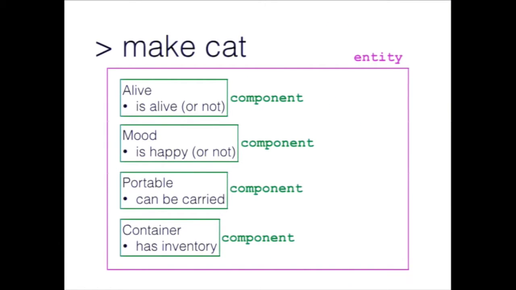In the entity component system pattern, I'll be saying ECS for the rest of the talk, entities are things, like, say, a cat. And then components are groups of attributes that represent traits. So a cat might have an alive component. It might have a mood component. The cat's mood is stored in the mood component, and the cat's inventory is stored in the cat's container component.